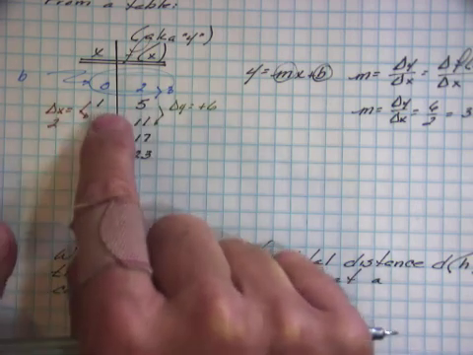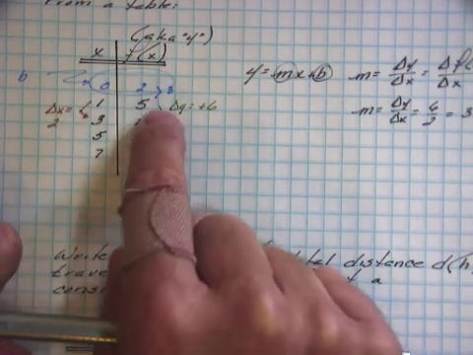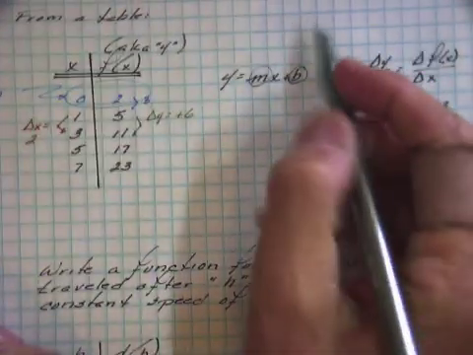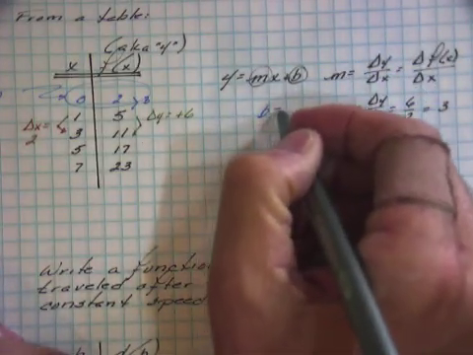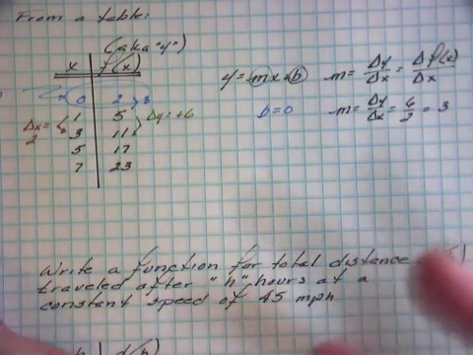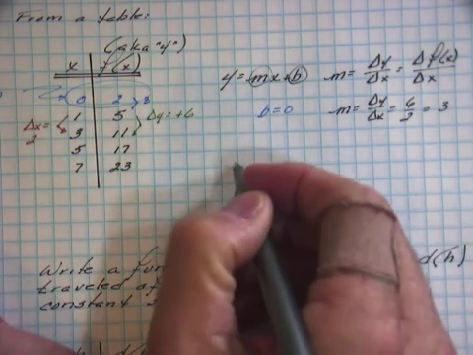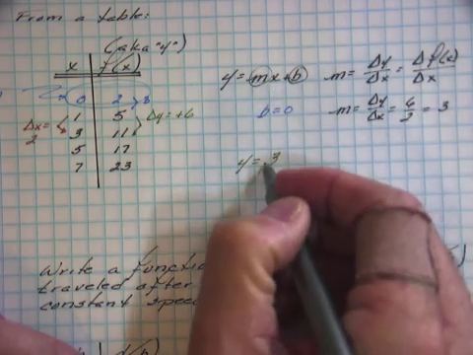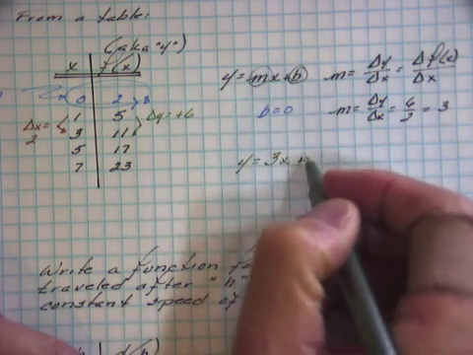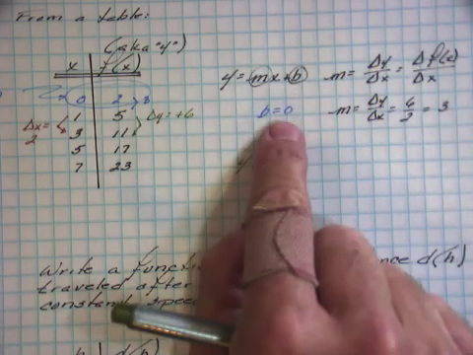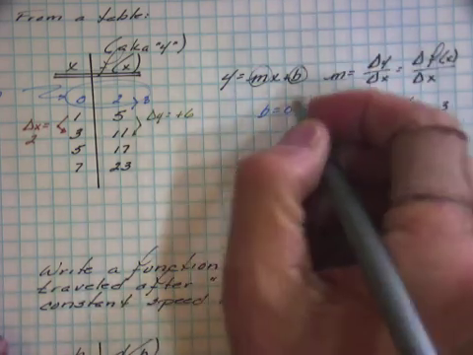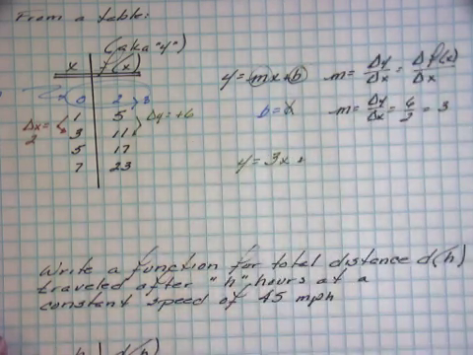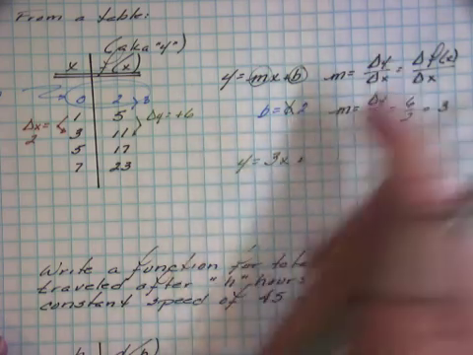You have to be careful that when you're doing half as much here to get to 0, you have to do half as much over here. In any case, I now know that b equals 2. So I can write the equation for this as y equals, m is 3, x plus... wait, where did the 0 come from? That's totally wrong.